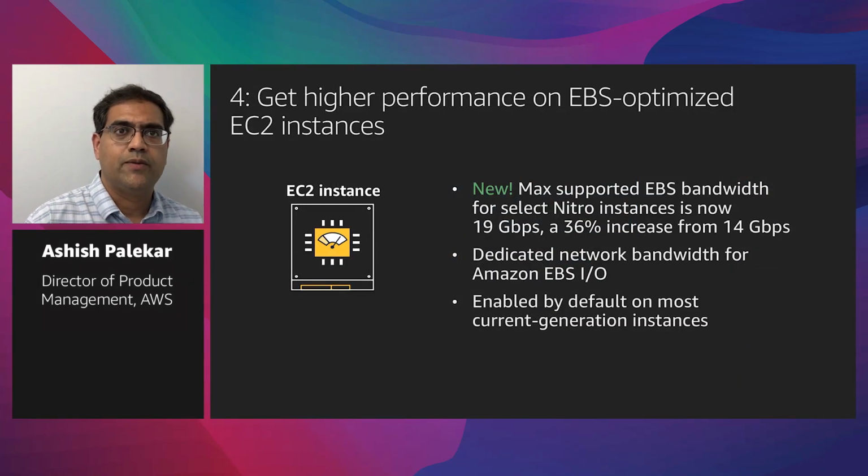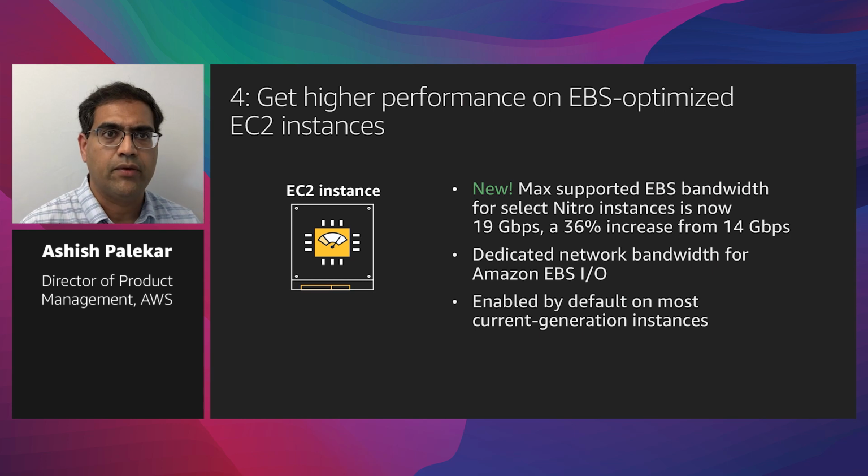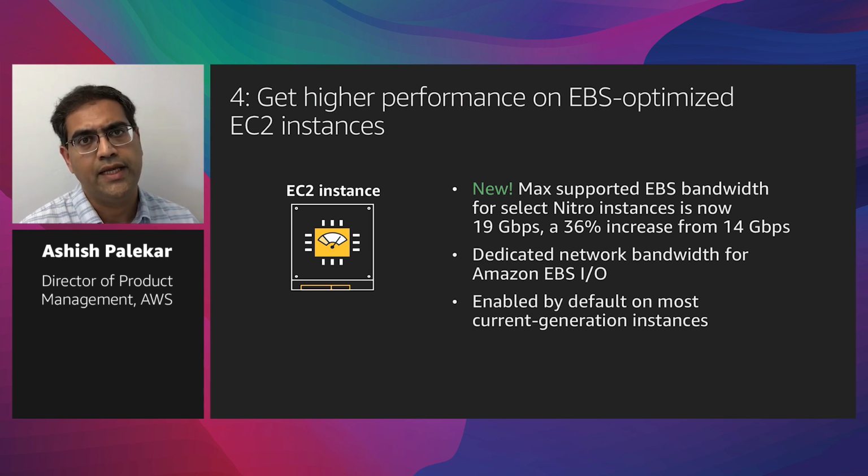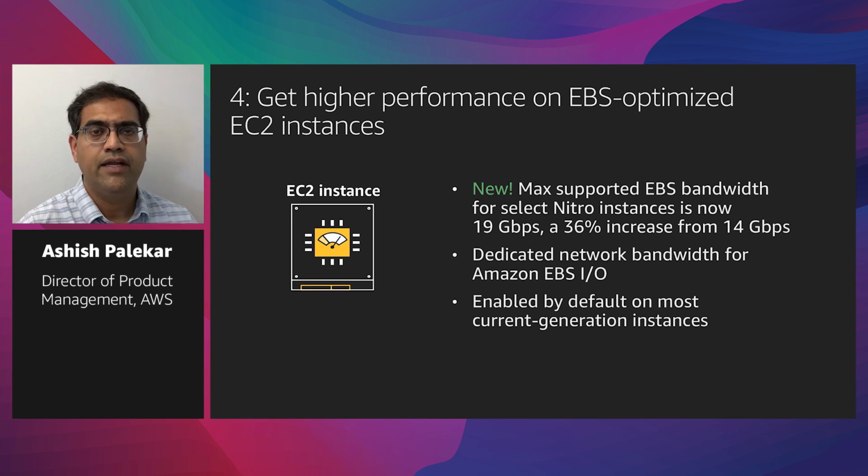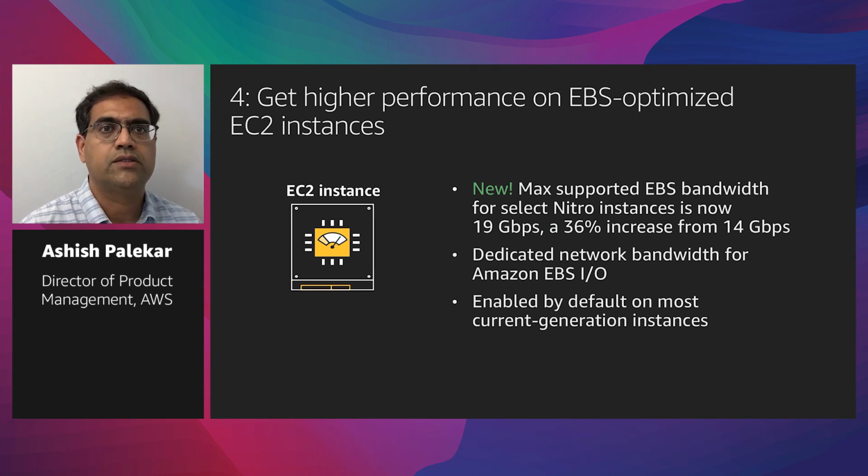And then again, on the volume side, one of the channels to think about is the channel between EC2 instances and EBS volumes. So at re:Invent this year, what we announced was increasing the performance between EC2 instances and EBS, referred to as EBS-optimized throughput, by 36%, increasing from 14 gigabits per second to 19 gigabits per second.